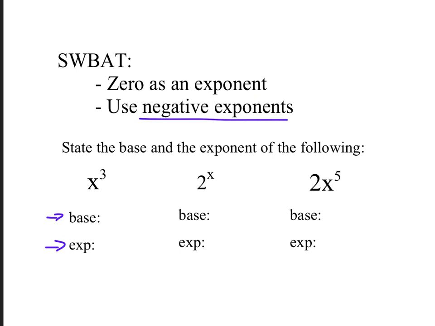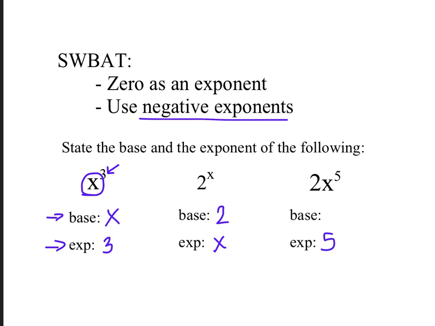So 3 is your exponent here, and then the base is x. The thing being raised to the power is your base. So here 2 is the base, x is the exponent. Here 5 is the exponent, okay?